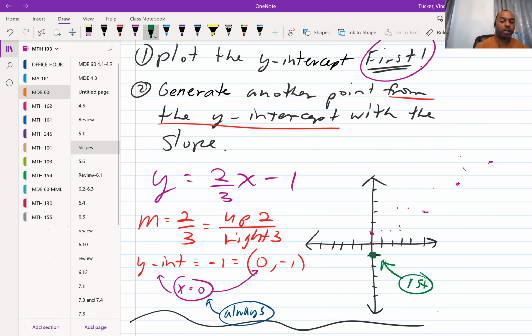So that's why we have 0, -1. Remember, we talked about y-intercepts last class. Characteristic of all y-intercepts is that x is 0, just like characteristic of all x-intercepts is that y is 0. All right. Everybody okay with this part first before we look at the graph?